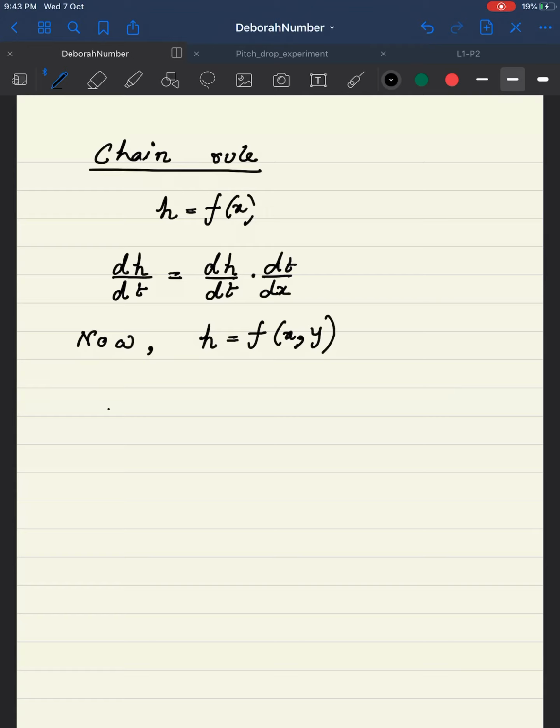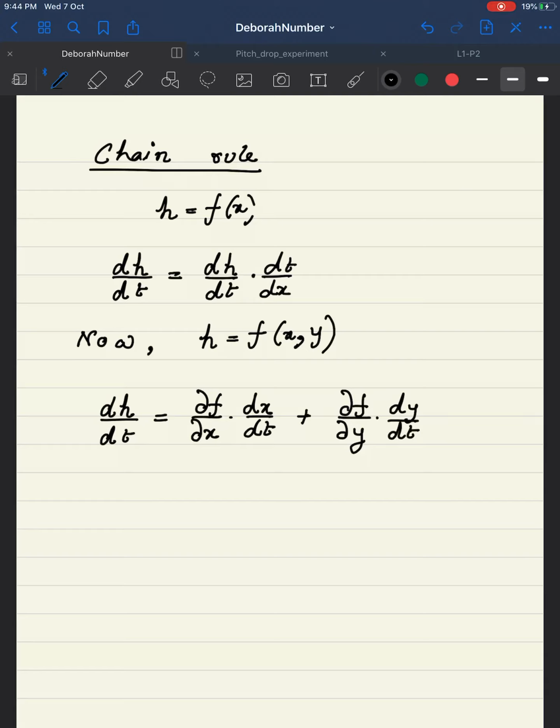Again, let us say I have to take the derivative of h with respect to another variable, t in this case. Then you have to take the partial derivative of f with respect to x first, multiplied by dx by dt, and you have to take the partial derivative of f with respect to y, and then multiply by dy by dt.